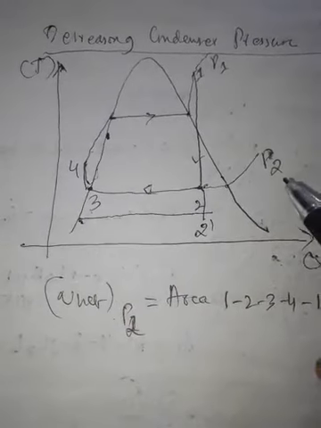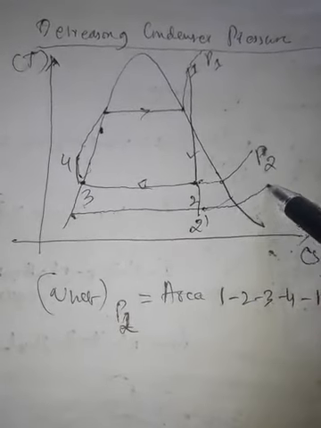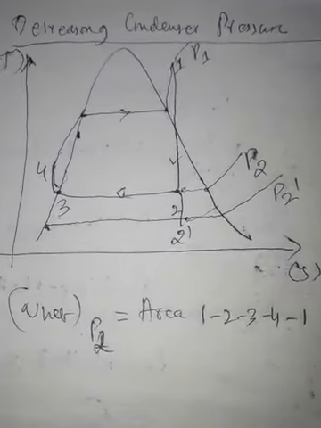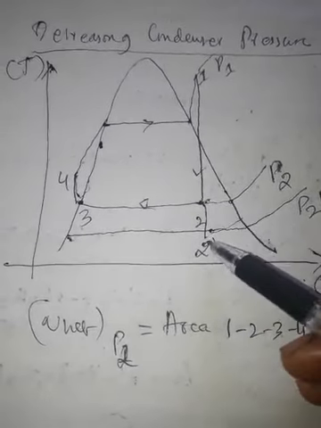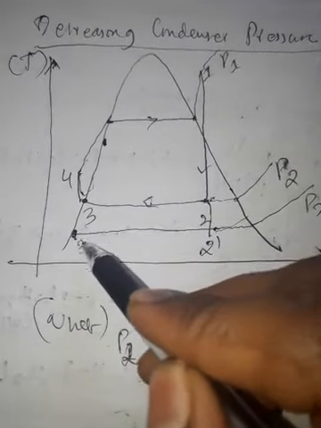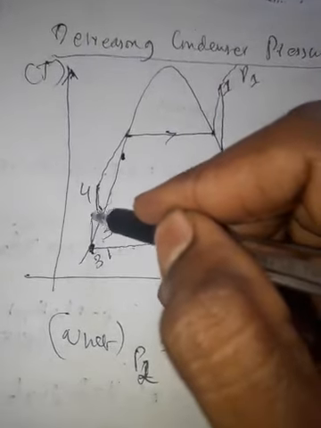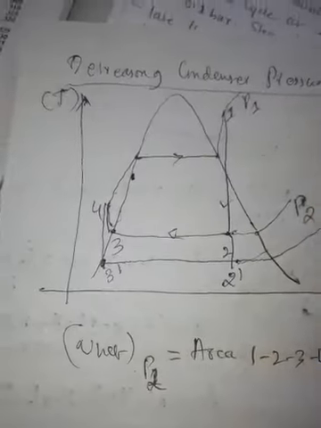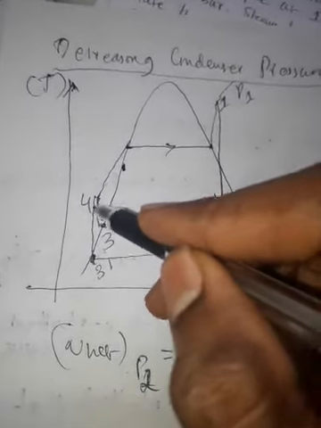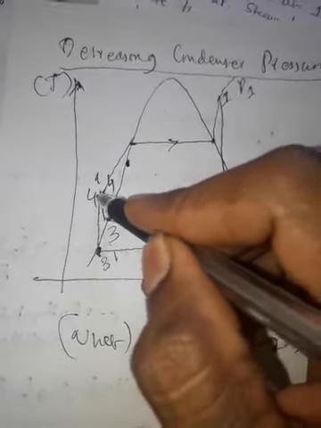Similarly 3 gets shifted to 3 dash. So 3 dash to 4 we will pump it again, 3 dash to 4 dash. This is 4, this is 4 dash.